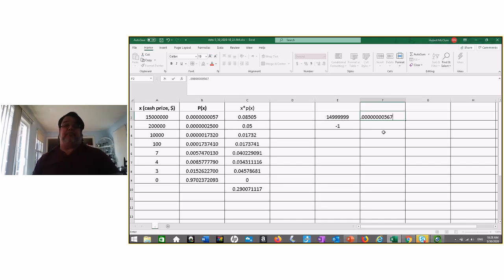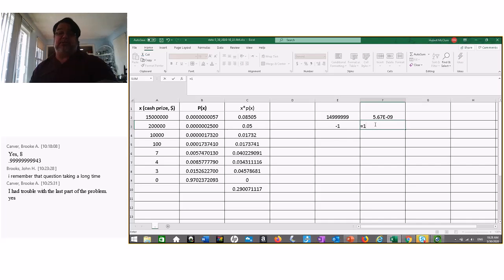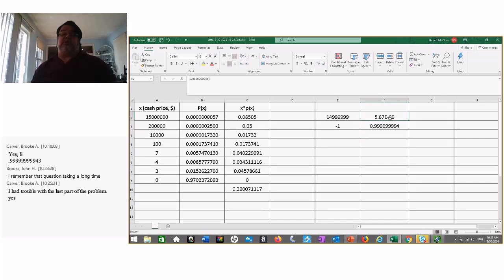Y'all check me. And then this would be 1 minus that. Okay? So y'all check my math there. I'm going to change that to 10 digits. There. Well, y'all see it right there. Okay, it's more than 10 digits. That's why I'm leaving it alone.